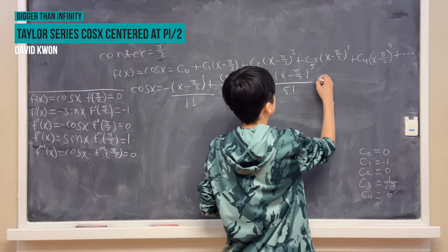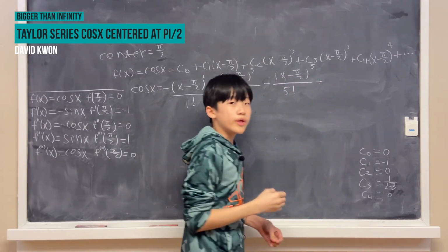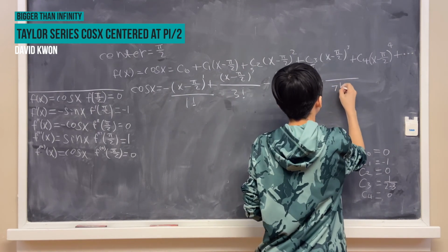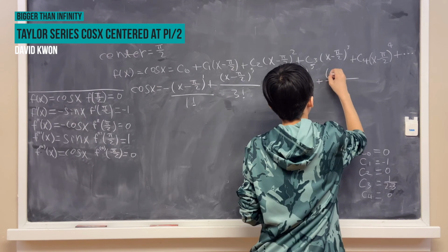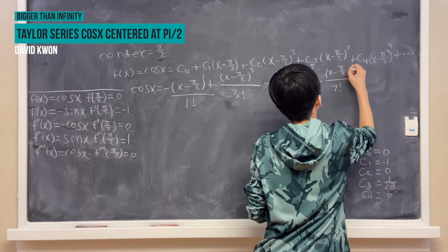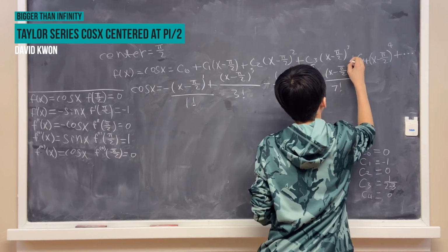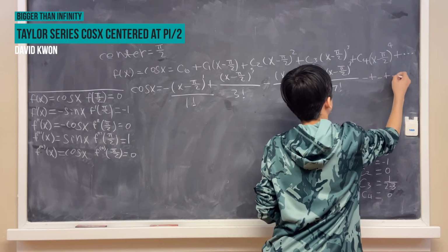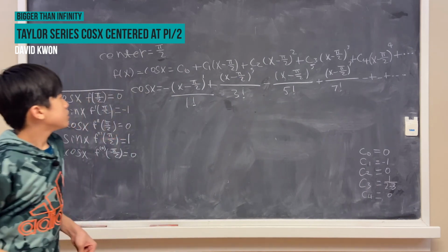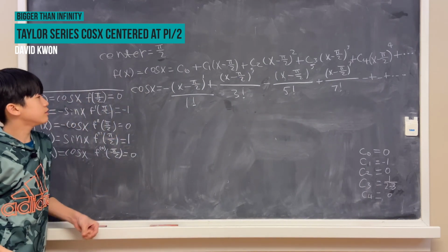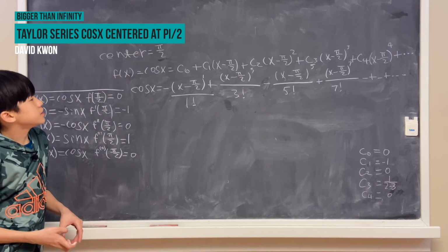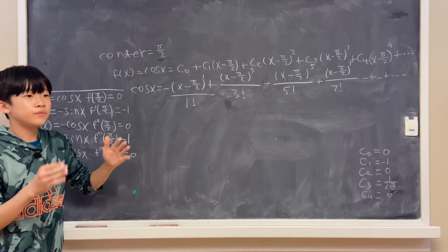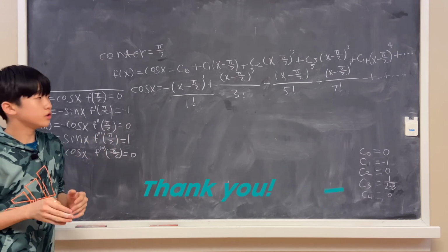And just going on with our list, we would have 7 factorial, and then on the top we would have x minus pi over 2 to the power of 7, with alternating signs, dot dot dot. So here we have found our answer for the Taylor series of cosine x, turning that into a polynomial but in a shifted graph function.